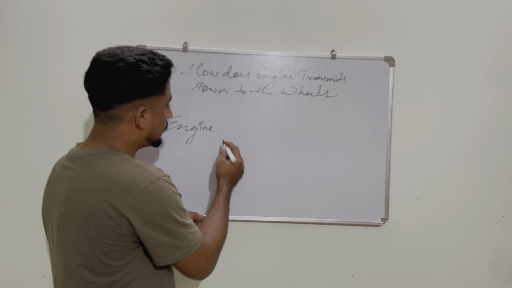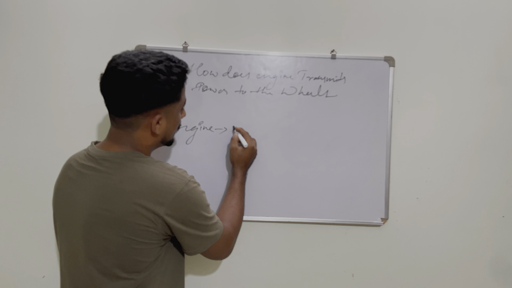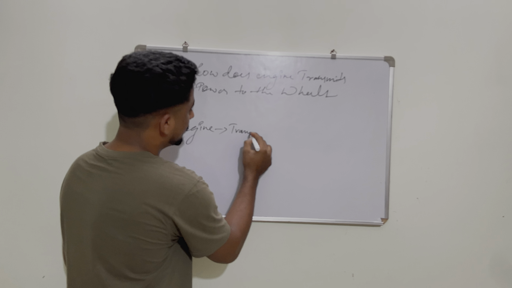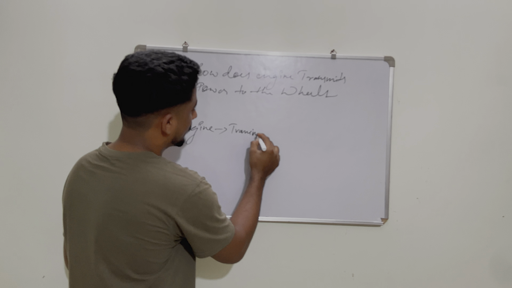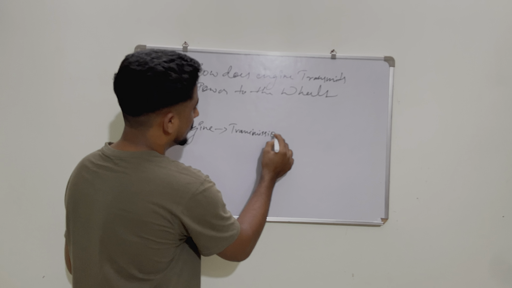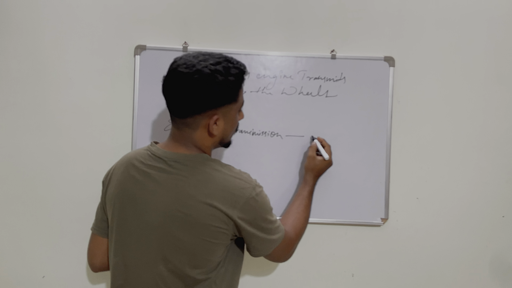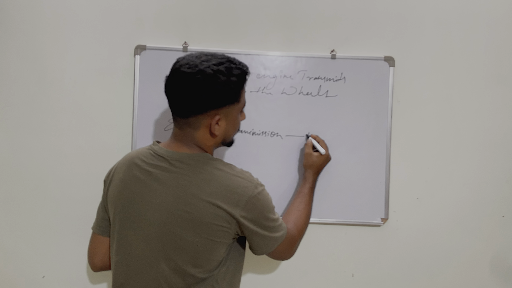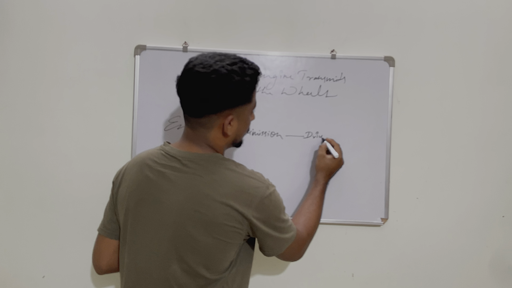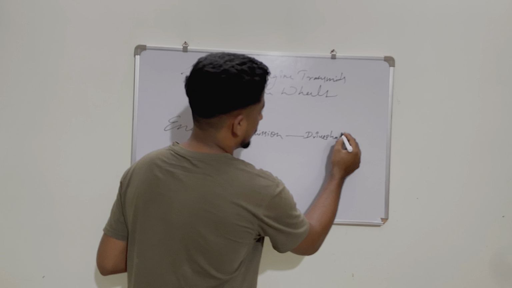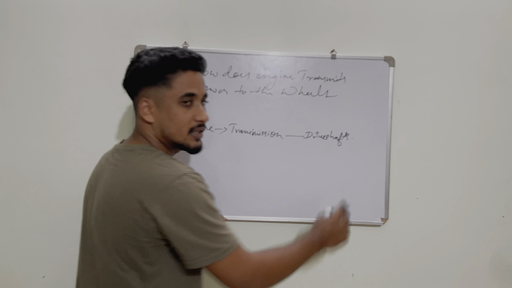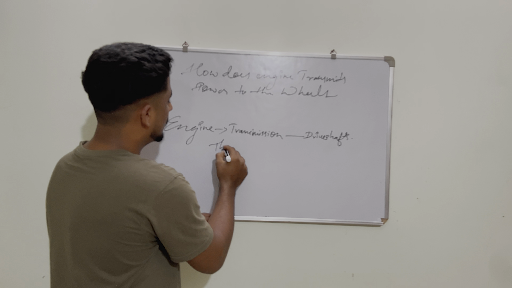The engine transmits power to the transmission. The transmission transfers the power to the drive shafts. And with the help of the drive shafts, the wheel moves.